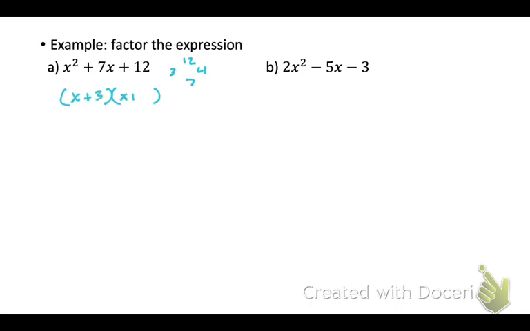So you should get x plus 3 and x plus 4. Okay? So 2x squared minus 5x minus 3.